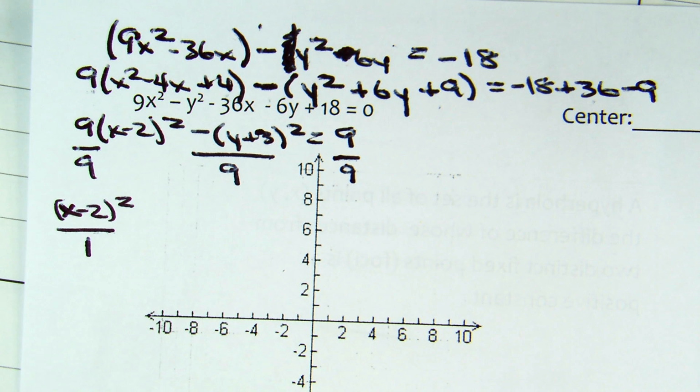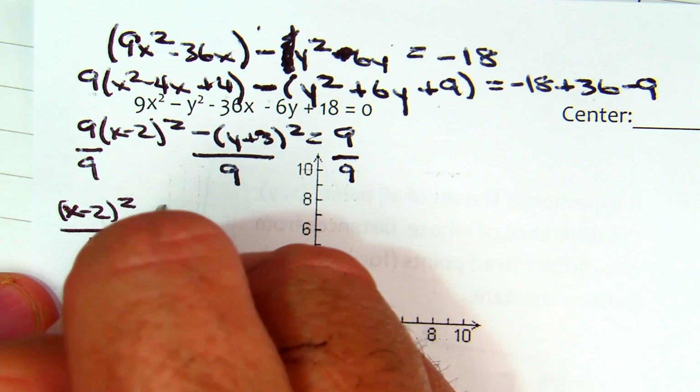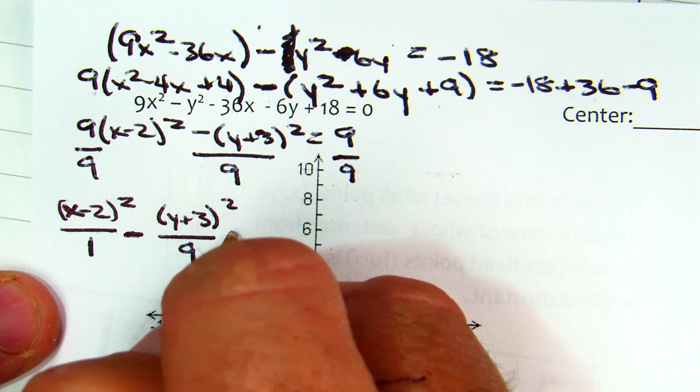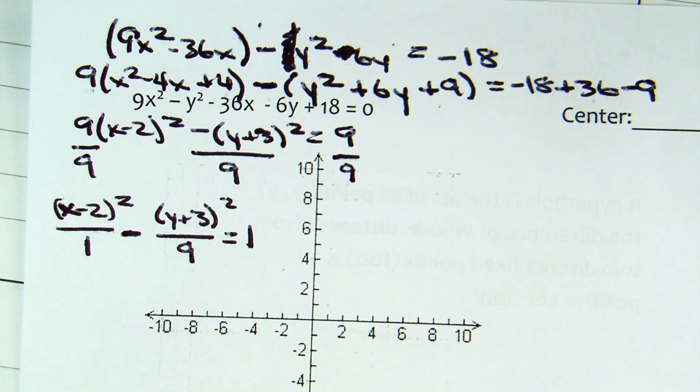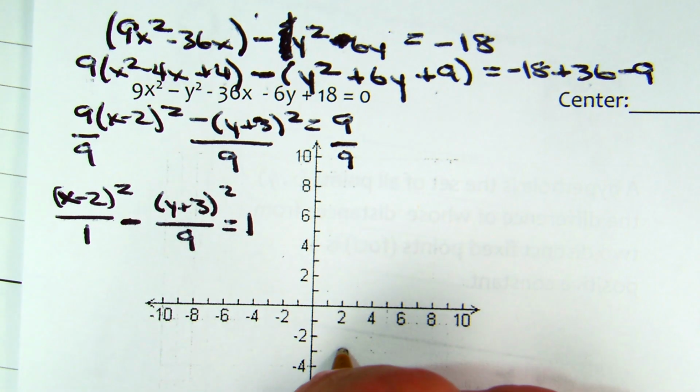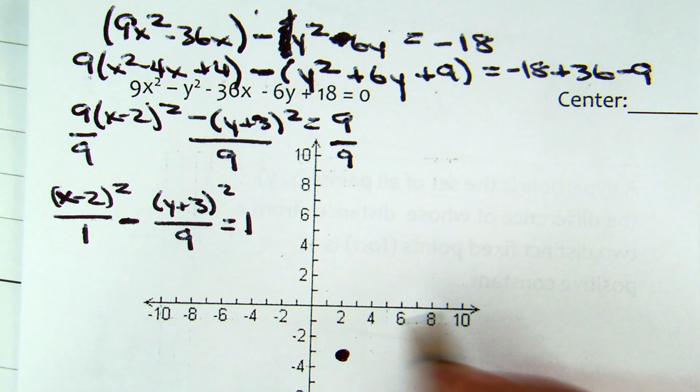You don't have to. Minus y plus 3 squared over 9 equals 1. What's the opposite of negative 2? Positive 2. What's the opposite of positive 3? Negative 3. So 2, negative 3 is my center.